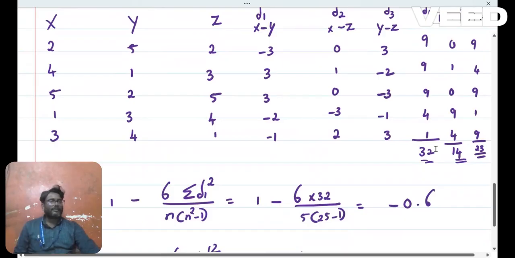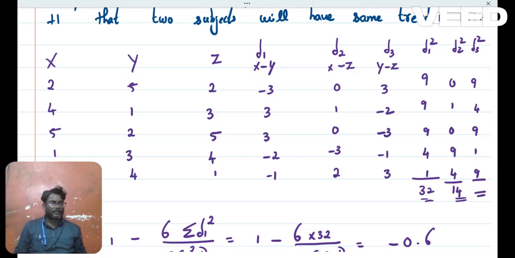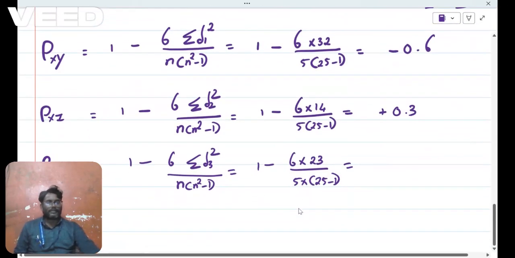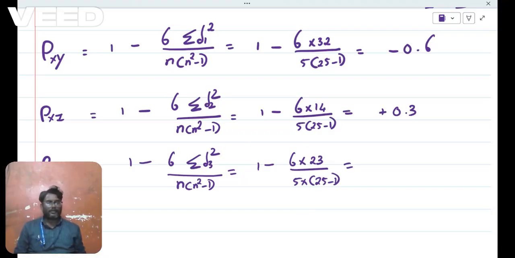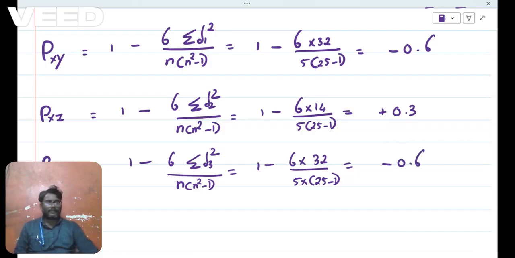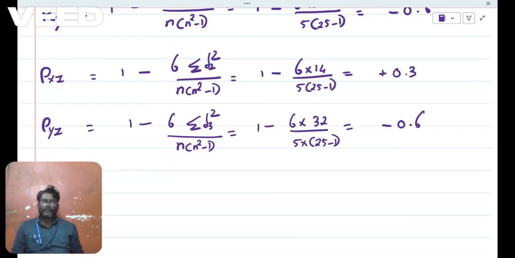Oh, it's not 23, it is 32. Sorry, the counting mistake. So we'll get again 32 here, which is equal to minus 0.6. Kindly correct it. So here rho of x z is equal to plus 0.3, which is positive.